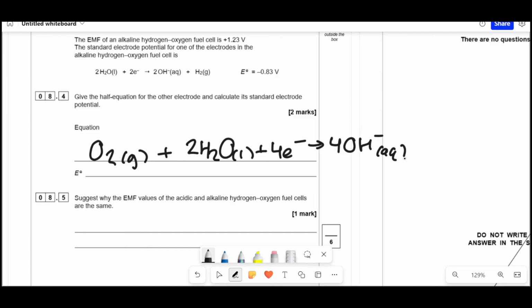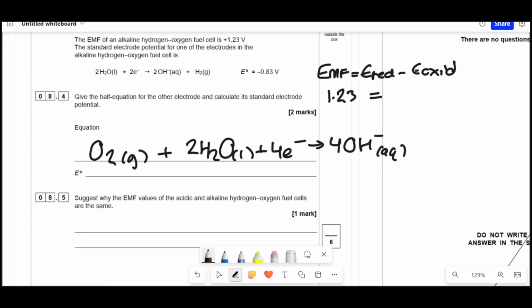So then it says give the half equation for the other electrode and calculate its standard electrode potential. So the EMF for any cell is E reduced minus E oxidized. They've told you that the overall thing is 1.23. We now need to decide, because these are both written in reduction form, which one's being reduced and which one's being oxidized. So in an alkaline fuel cell, the oxygen reaction's happening at the positive electrode, which means that's the one that is being reduced.